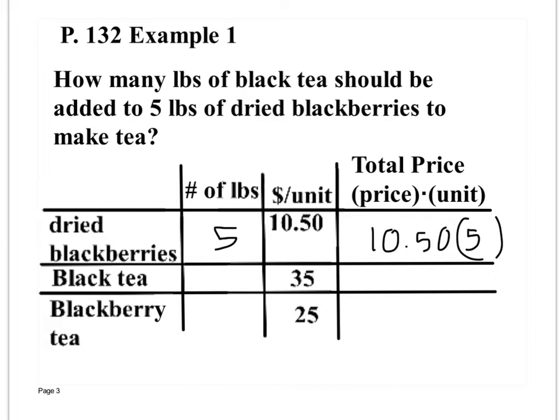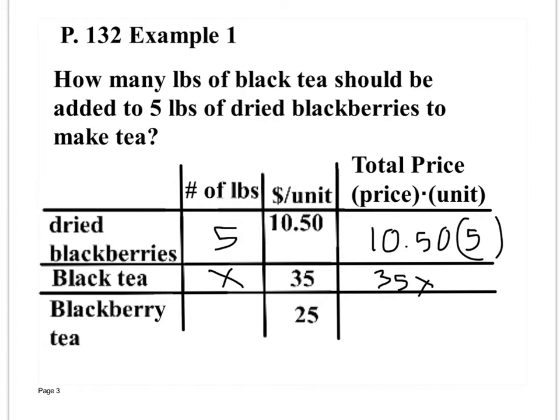My blackberry tea, or my black tea, sorry. Right? It says how many pounds of that black tea should be added. So do I know how many pounds of black tea? No, so that's my X. My total price for black tea is 35 times X, right? It's $35 per unit, and I have X number of pounds.